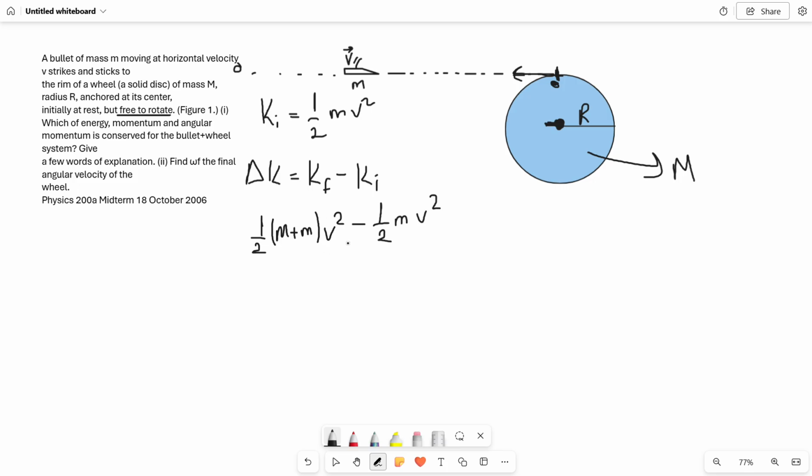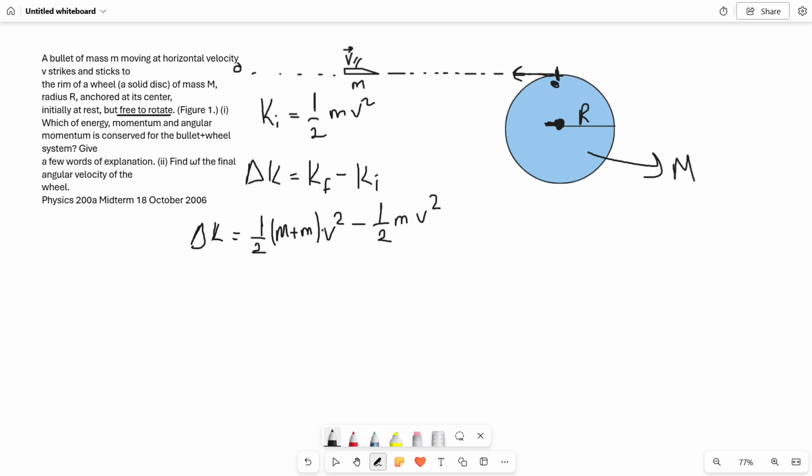But guys, as you can see, you might say that these quantities are bigger than these quantities, but this is not the case, because these two velocities are not equal.